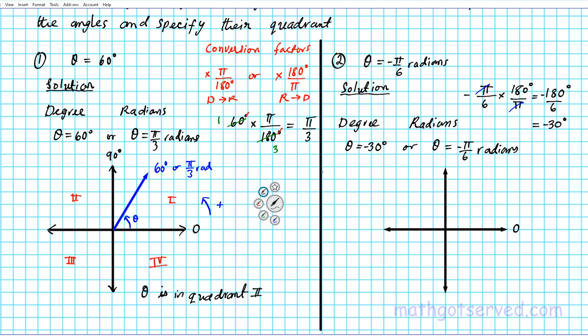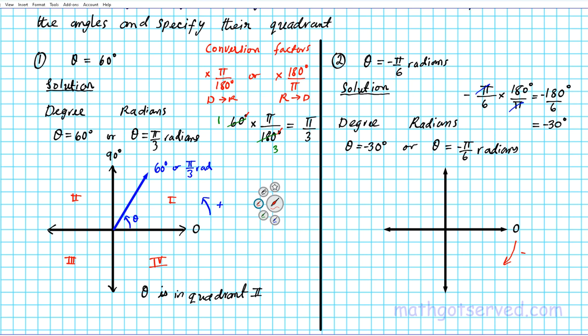So it's easier to use degrees because it's easier to visualize a quarter of a circle in degree format, as opposed to radians that's given to us in a fractional notation. Remember, when you go down, that's negative. When you go up, that's positive. So we're going to be rotating downwards like that, and that's a negative direction.